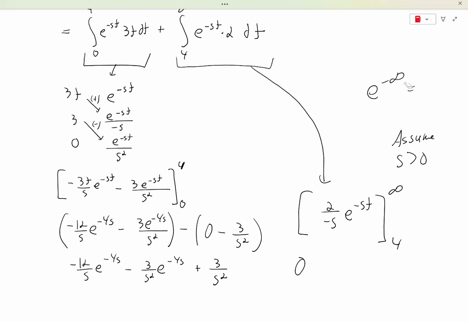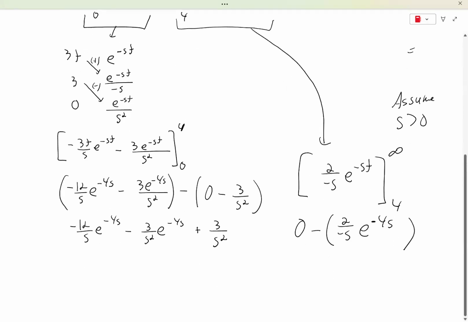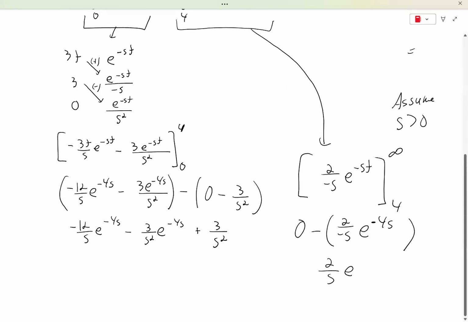Okay, so that's 0. And then on the other one, minus the lower one, put in 4, I get 2 over negative s e to the negative 4s. So then that's going to be 2 over s e to the negative 4s, like that.